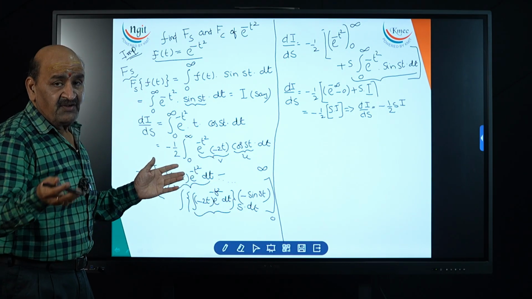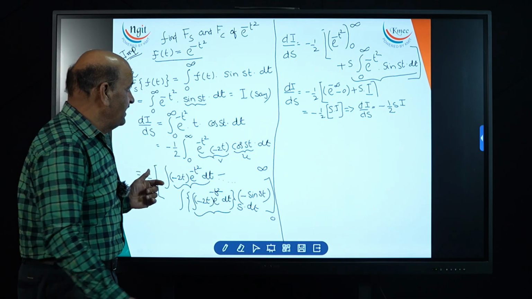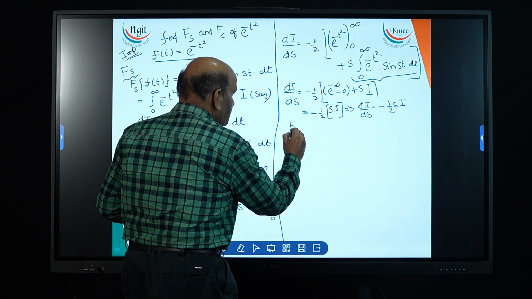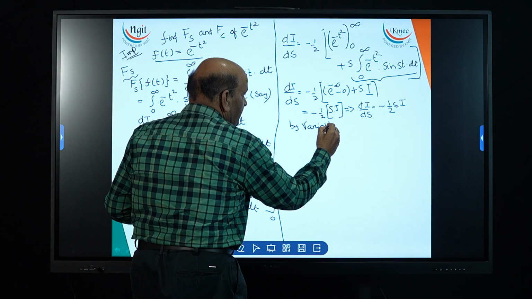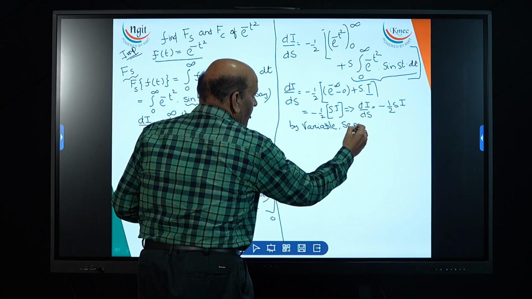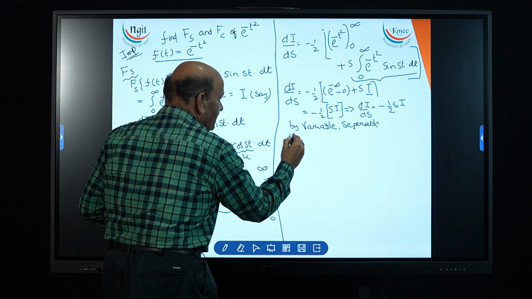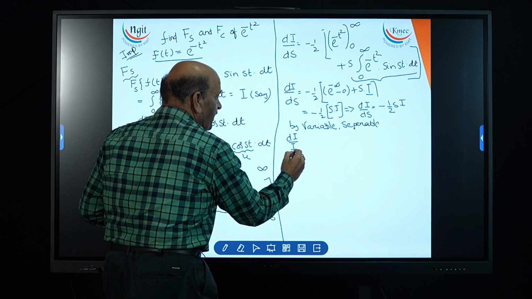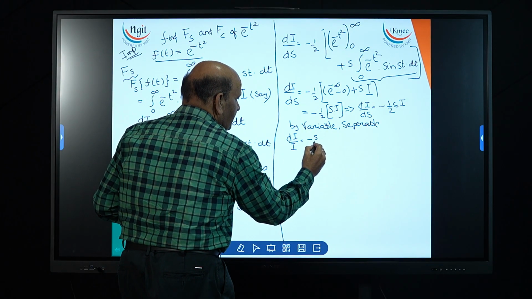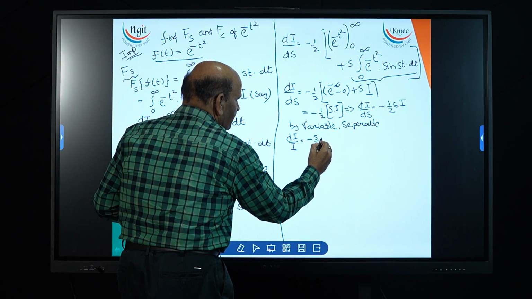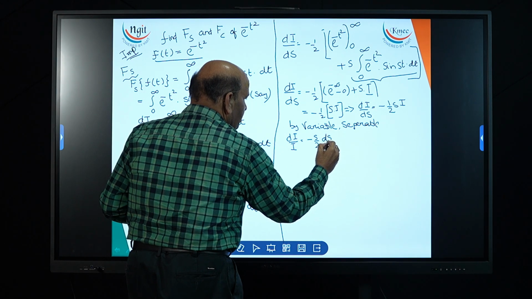Using this method, we alter the differential equation, keeping all I terms on one side. This will become minus s by 2, and taking ds that side, this becomes ds.